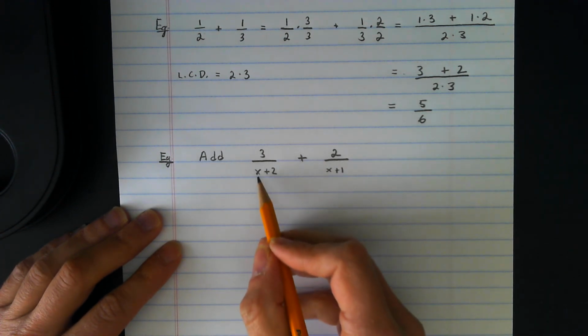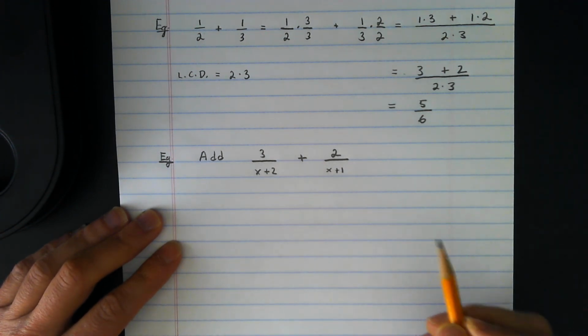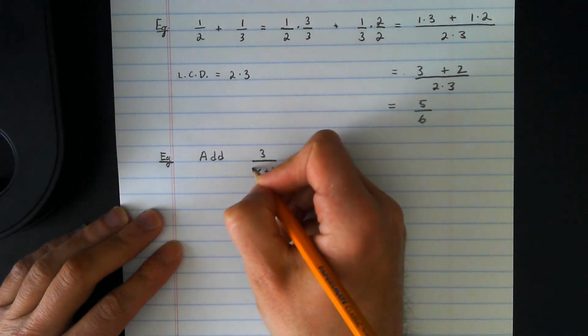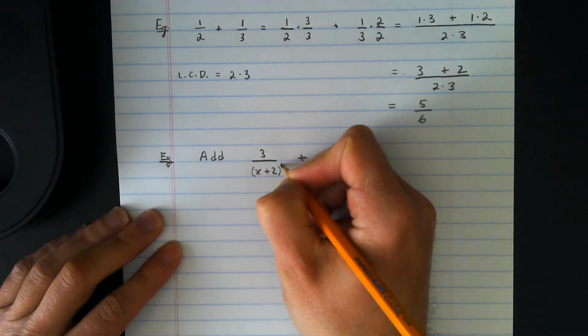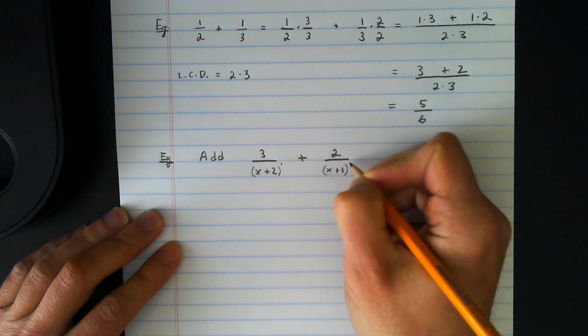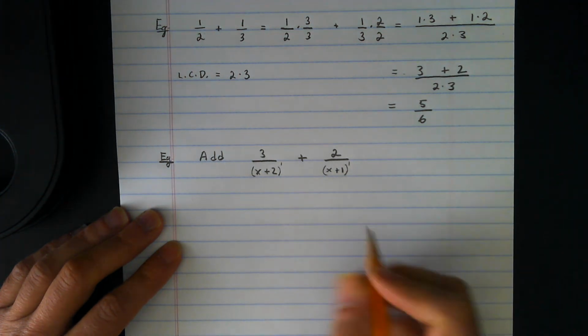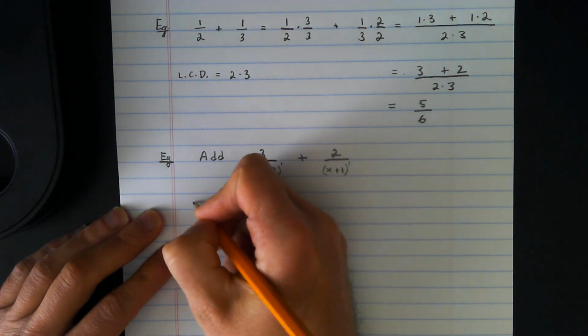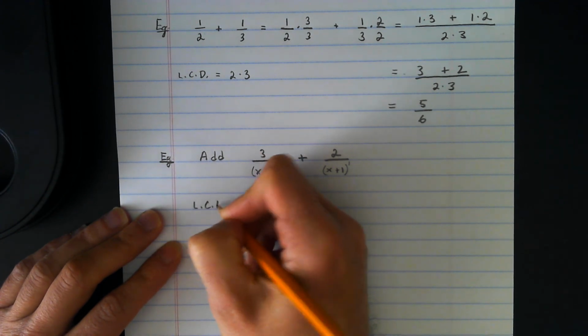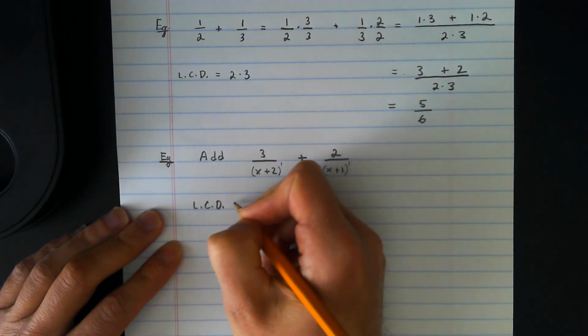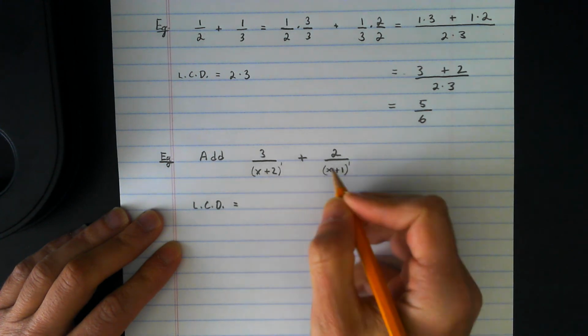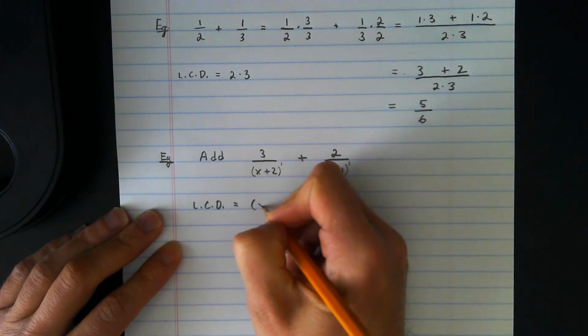We want to find the least common multiple of x plus 2 and x plus 1. If you remember the last video, we just take the highest power appearing on any given factor. So here, the least common multiple of the denominators is just x plus 2 times x plus 1.